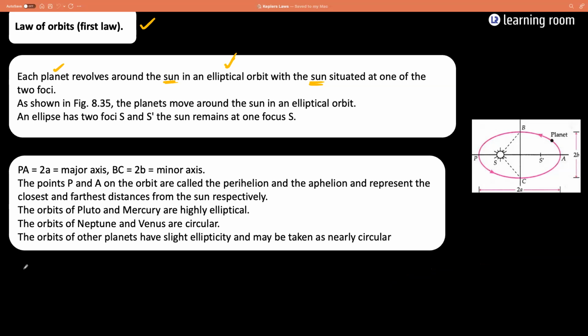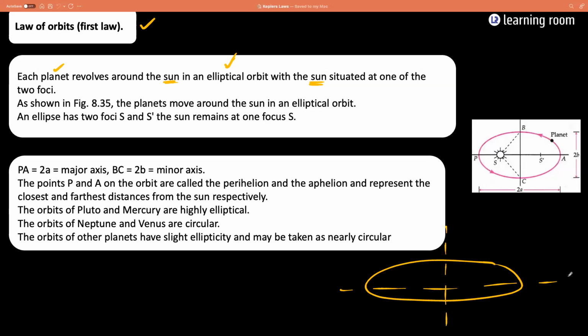So if I take a shape like this, which is an oval shape, it has two axes associated with it, called the major axis and the minor axis, on which you have two points called the foci. Singular is called focus, plural is called foci, or some people call it foci, both are right.